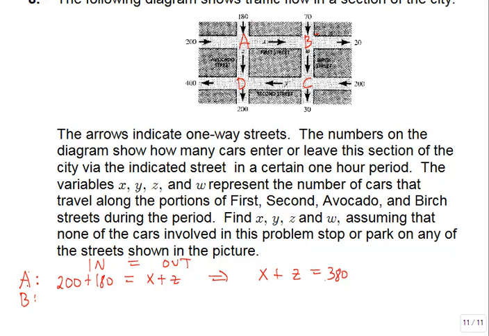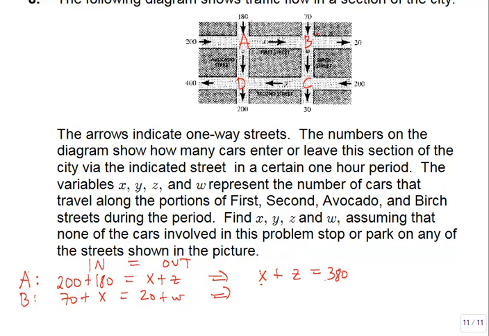So let's look at intersection B. What's going in to B? Well, we have a 70 going in to it, plus we have this X going into B. So 70 plus X is going in. What's going out of B? We have 20 going out, and we have a W going out. So I'm going to try and get my variables on the left side just to make this a little bit cleaner looking.